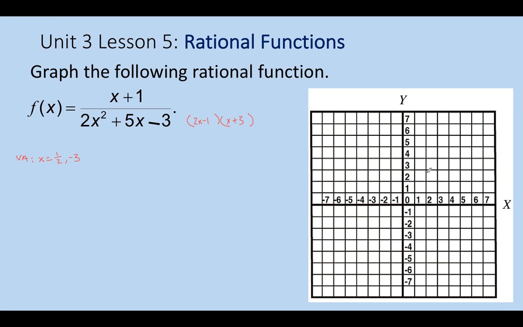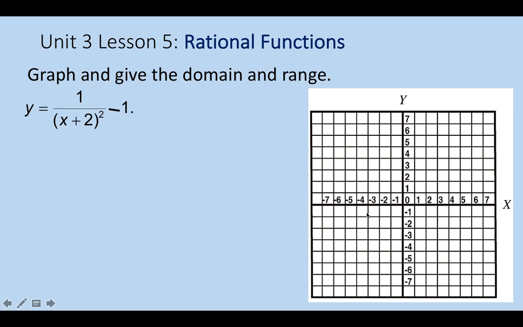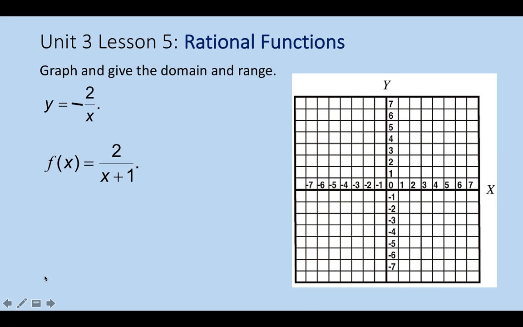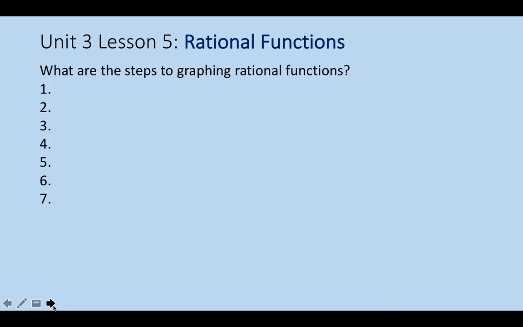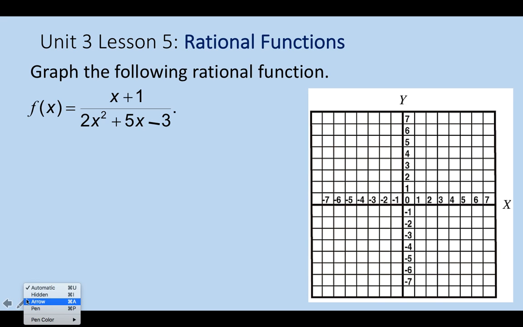So I'll go ahead and draw that on here now. I've got a vertical asymptote at 1/2, and then also a vertical asymptote at negative 3.